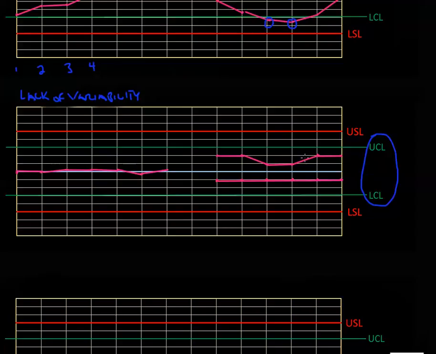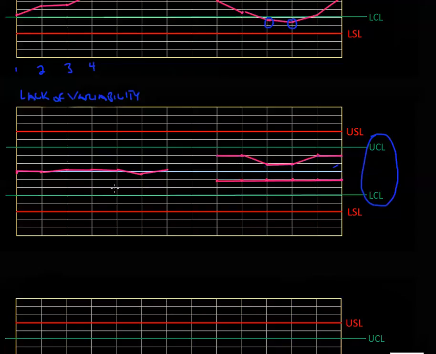Now, again, could be a lot of reasons for this, but one of the first things I would look at if I saw this was the gauging. Because maybe the gauging that's measuring this is lacking the resolution, or we might call it the discrimination, necessary to plot good values on this chart. Okay, the idea of the chart is basically continuous data.